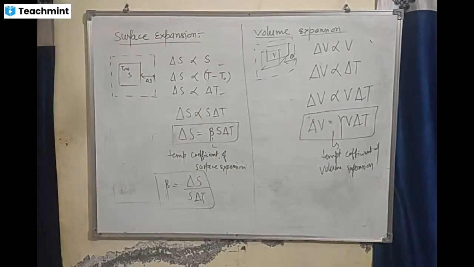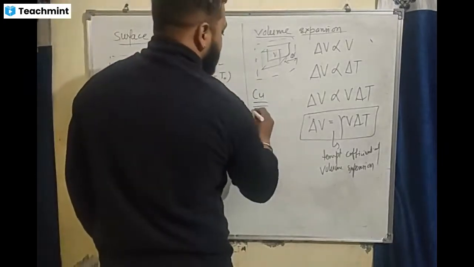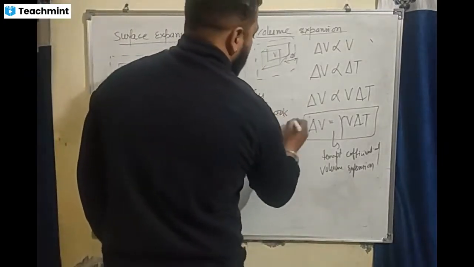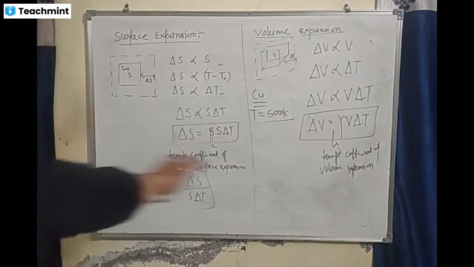Whenever we are talking about the variation of gamma with temperature, first of all, up to some temperature the value of gamma will increase. But at a particular temperature, I am talking about copper, after reaching 500 Kelvin, it will become constant.